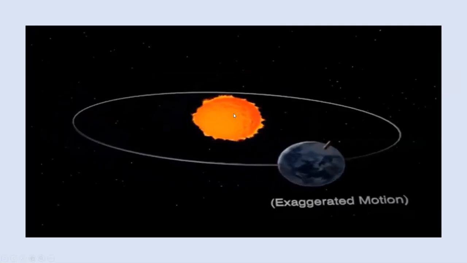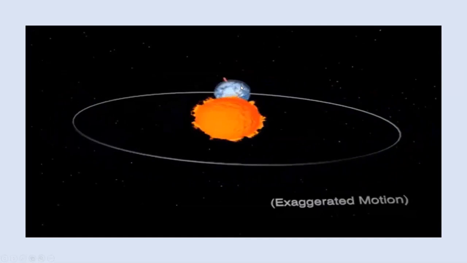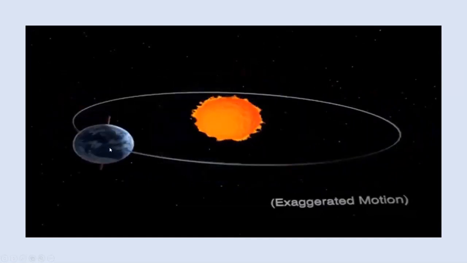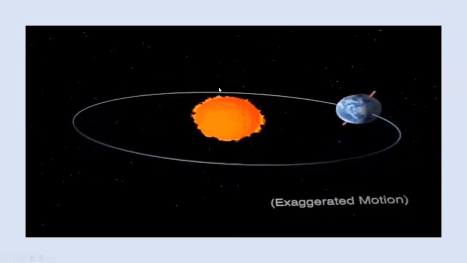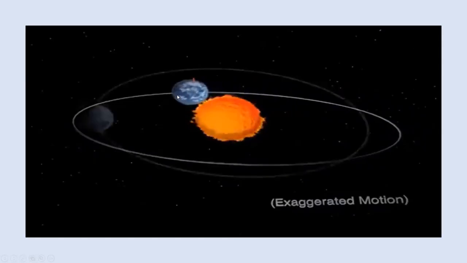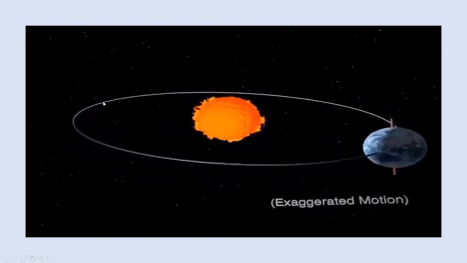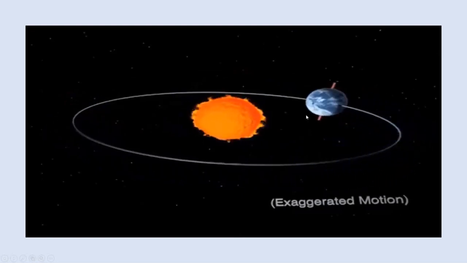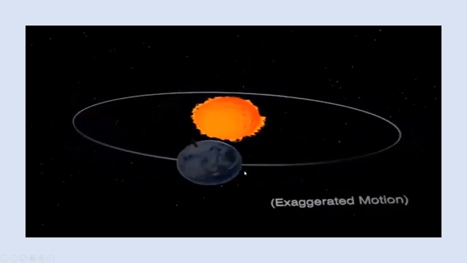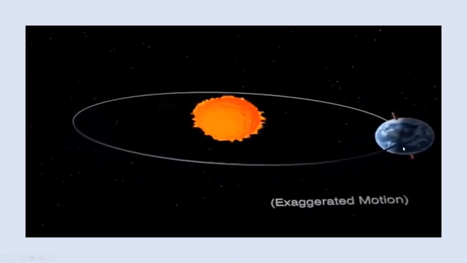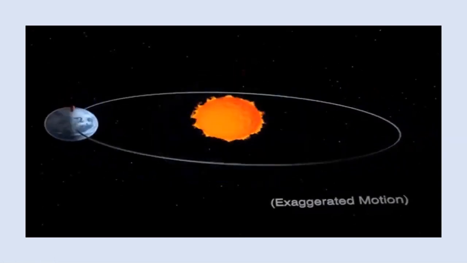So consider the center as the Sun and this as Jupiter. So Jupiter is revolving around the Sun in a particular path which is called an orbit, and it takes approximately 12 years to complete one revolution. And also it is rotating on its own axis and it takes approximately 10 hours to rotate on its own axis. I hope you all are clear with what is rotation and revolution.